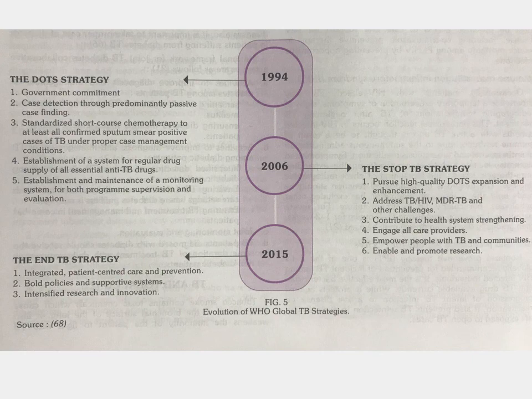As far as NTB strategy is concerned, it encompasses a package of interventions that can be fully adopted at country level, and it has 10 components organized under three pillars and four underlying principles.